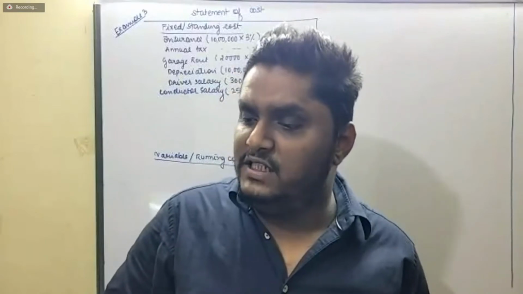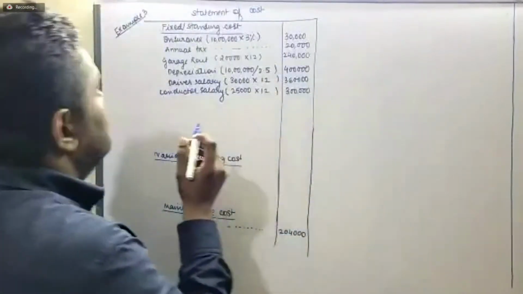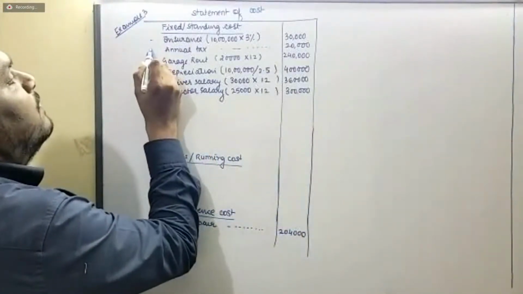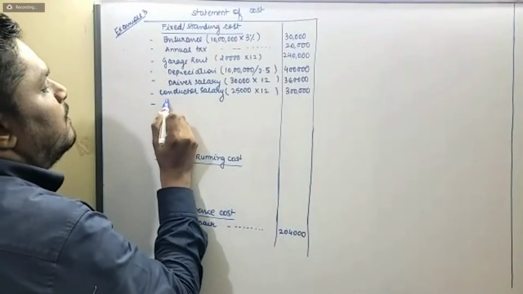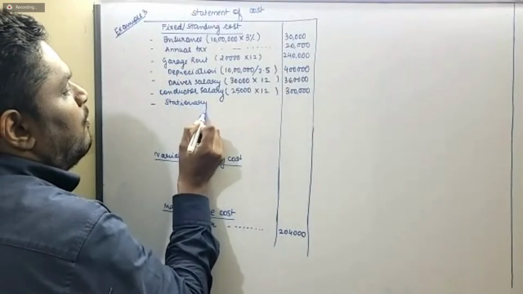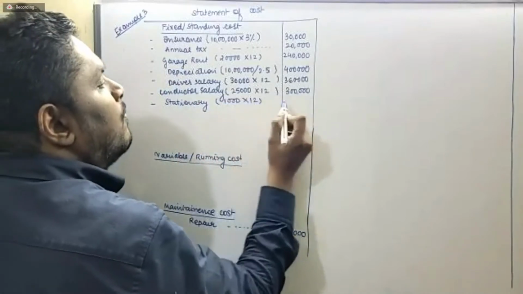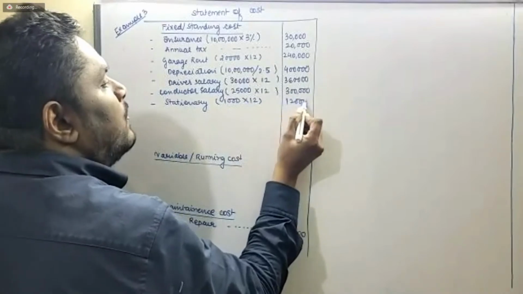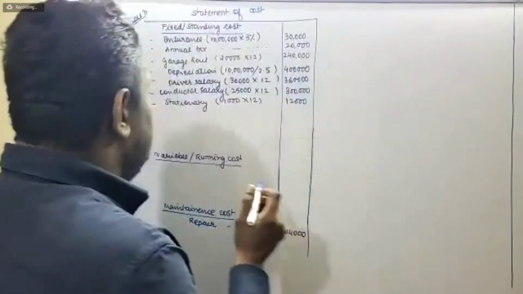Further, the cost of stationery is given, that is rupees 1,000 per month. So this will be 12,000. Further, the manager cum accountant salary is 17,000.